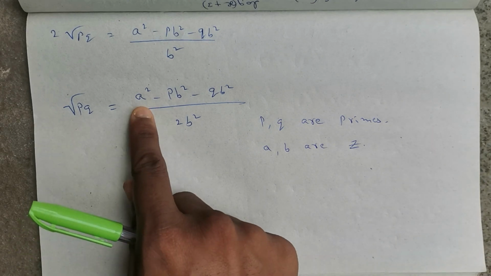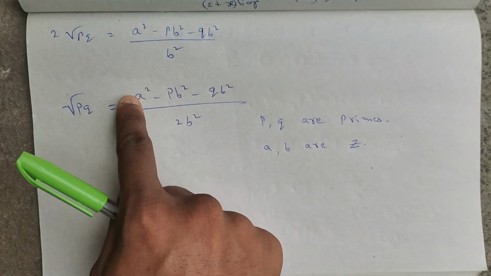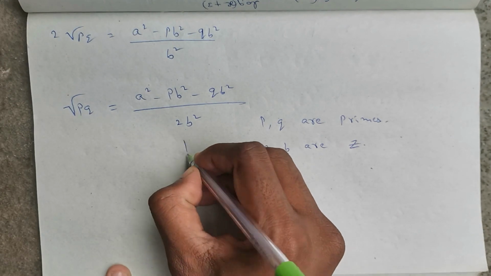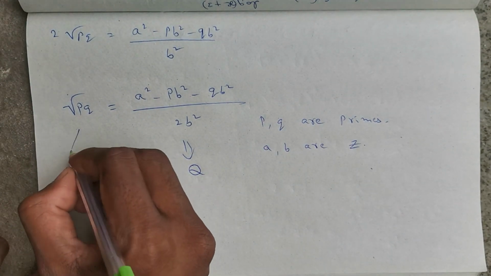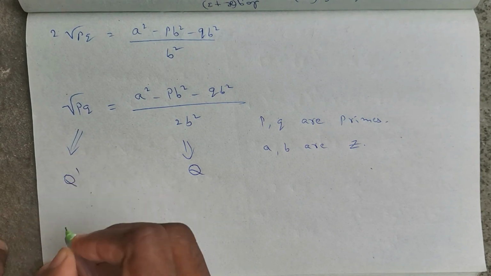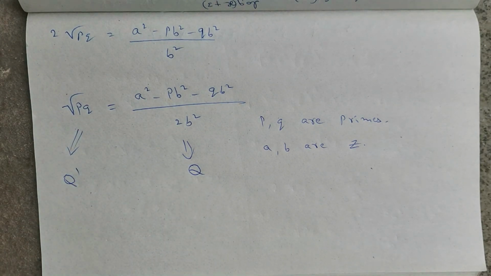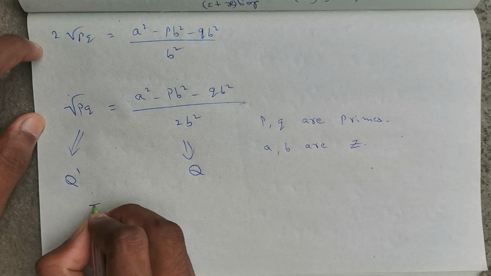So whatever numbers you substitute in the place of a, p, b, q, the total RHS is a rational number only, whereas this root pq is an irrational number. This contradiction has arisen due to our wrong assumption. So root p plus root q is an irrational number.